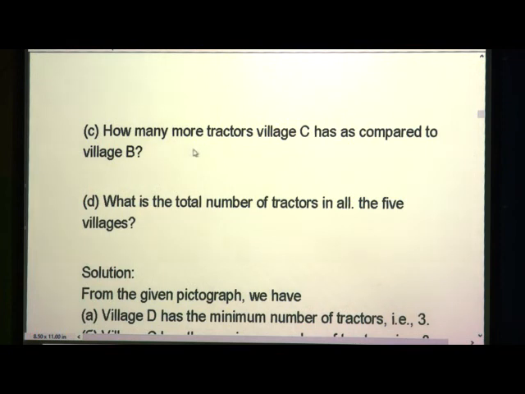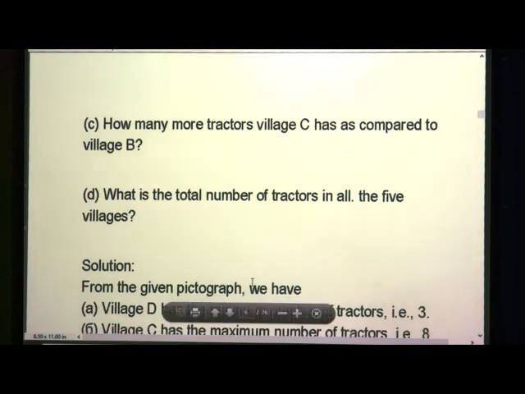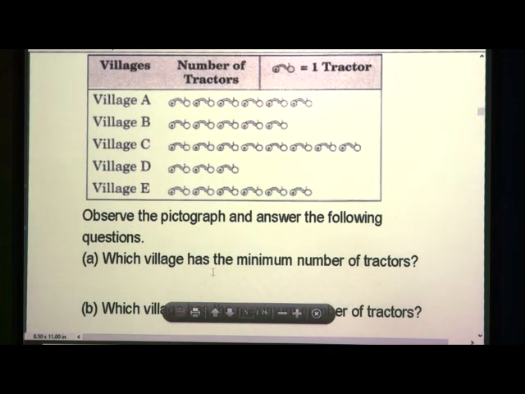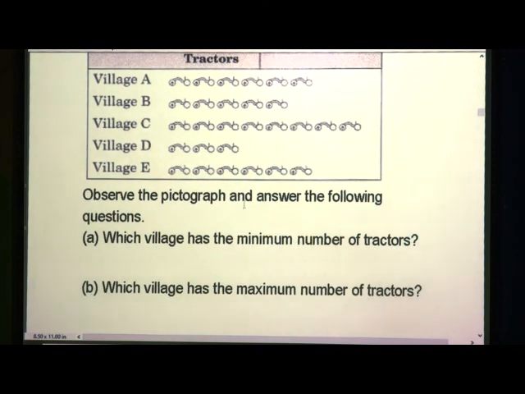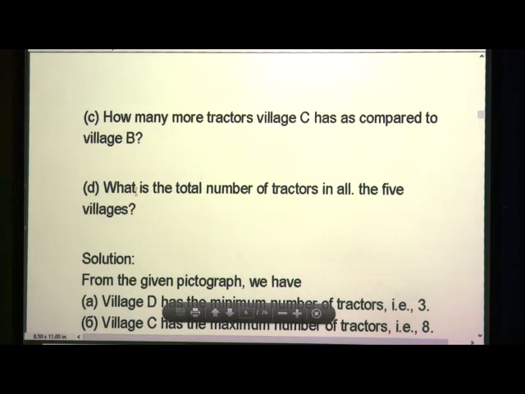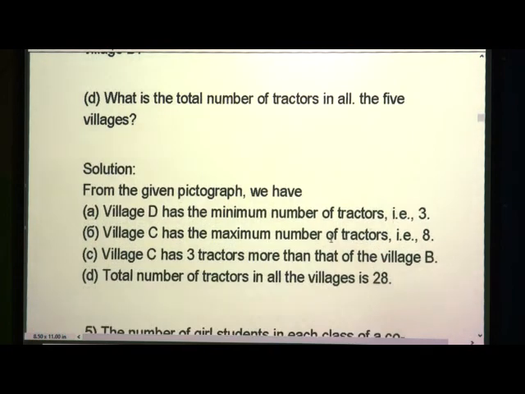Then how many more tractors does village C have as compared to village B? 1, 2, 3. Village C has 3 more tractors than village B. Next, what is the total number of tractors in all the 5 villages?